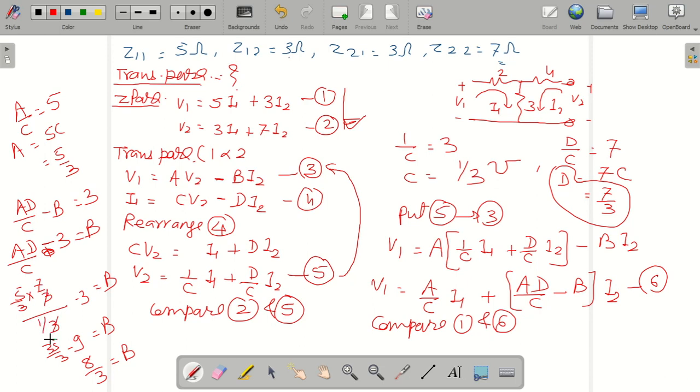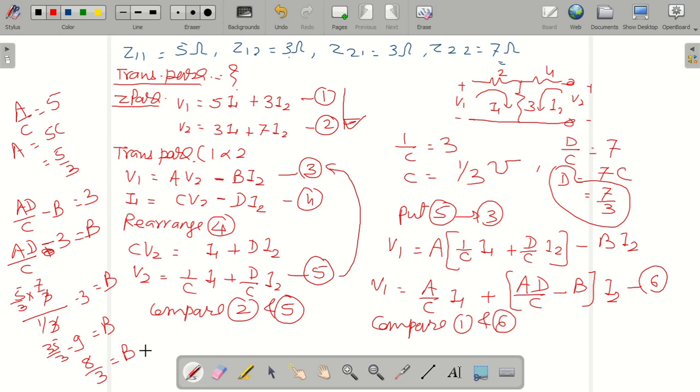So the 1 cancels, 35 by 3 minus 3 equal to B. So 35 minus 9 upon 3. So I think it is 8 by 3. It is a correct answer.